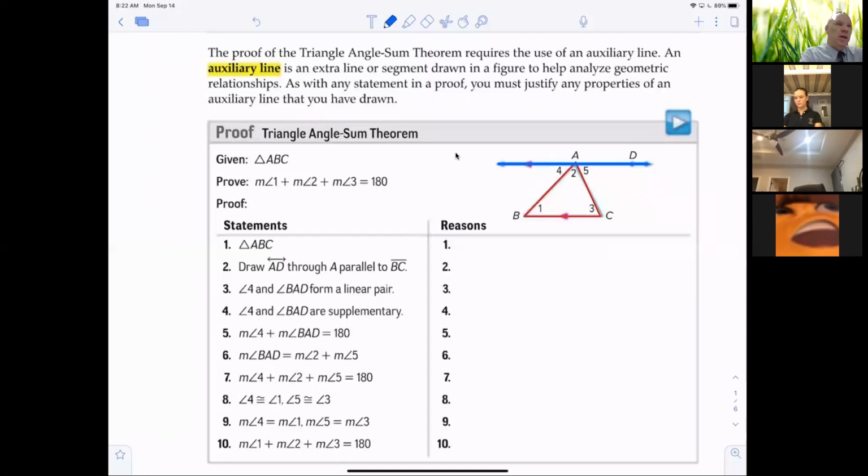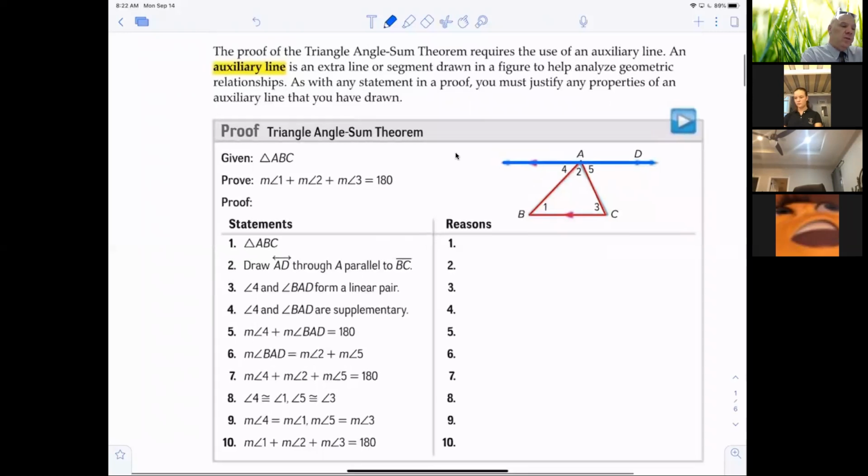How many lines do you think are parallel to BC that pass through A? One. There's only one line parallel to BC passing through point A. So that's what allows us to draw that auxiliary line.